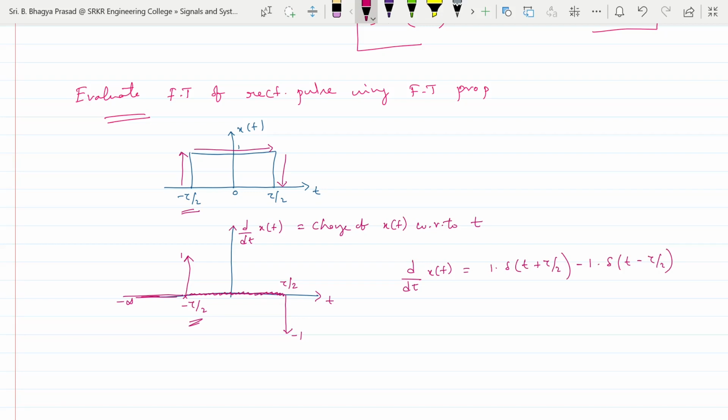Now I will apply the Fourier transform property, the time differentiation property. That is, applying the Fourier transform, d by dt of x of t, you know the property, is j omega X of omega.